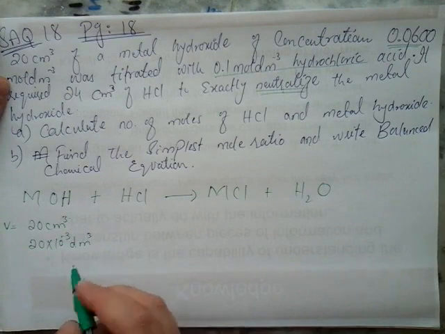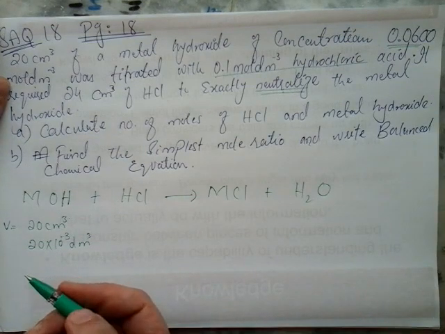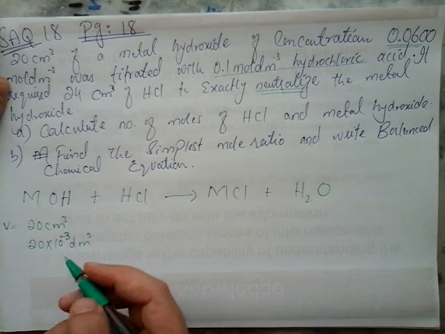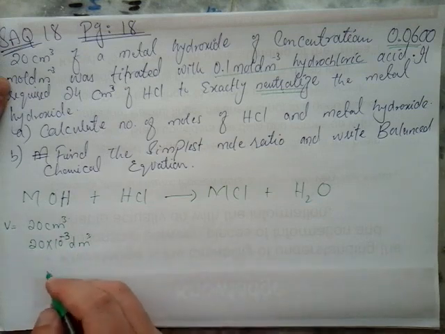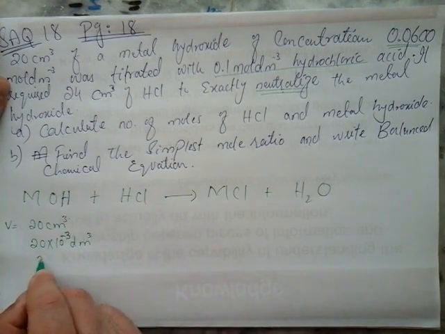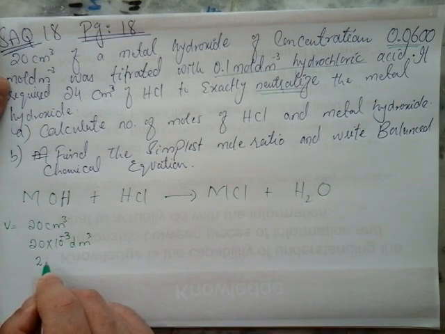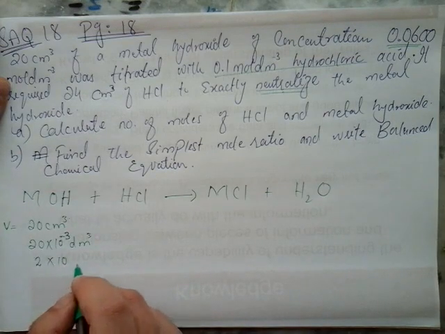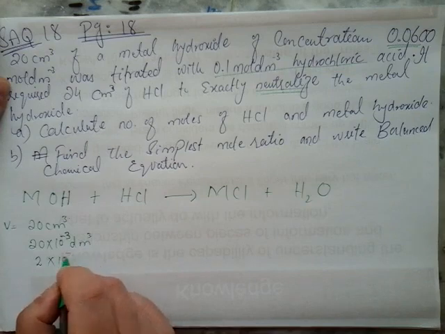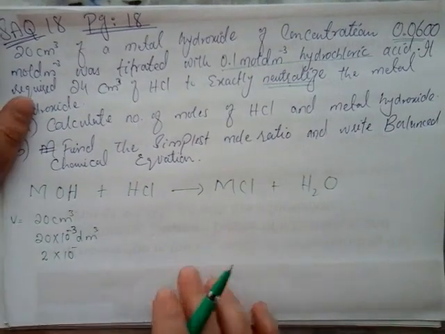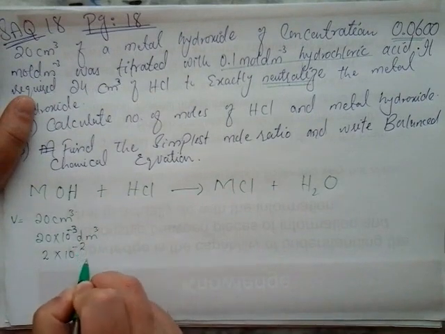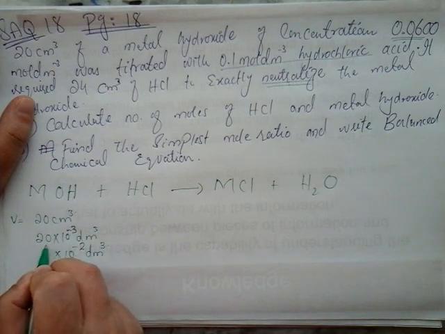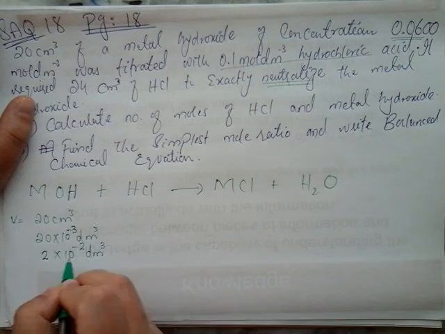Keep in mind that you should always try to use the standard form of writing the number, 10 raised to power minus 3 or whatever, because in this way you will make fewer mistakes. So 20 into 10 raised to power minus 3, we can write as 2 into 10 raised to power minus 2 decimeter cube, because we have removed one 0. Is that clear? 2 into 10 raised to power minus 2.